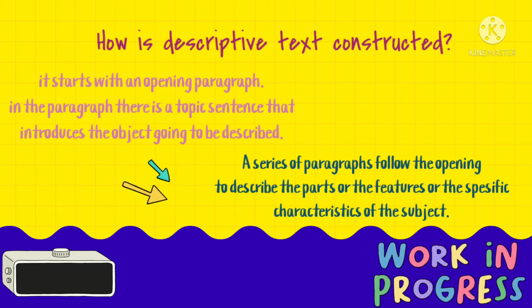It starts with an opening paragraph. In the paragraph, there is a topic sentence that introduces the object going to be described. A series of paragraphs follows the opening to describe the parts, the features, or the specific characteristics of the subject. Do you understand, guys?